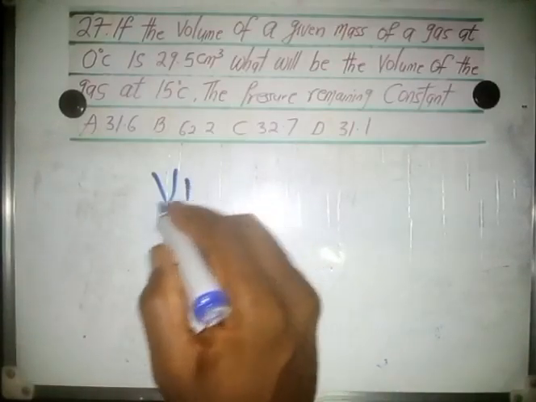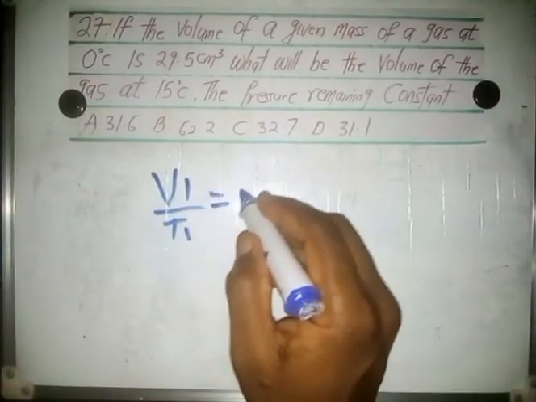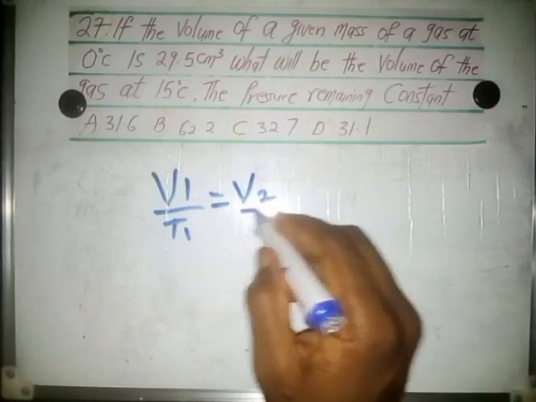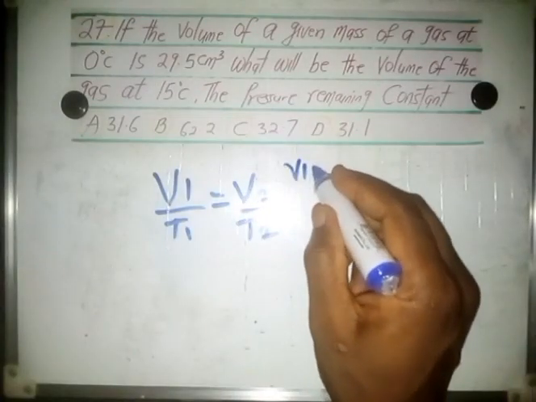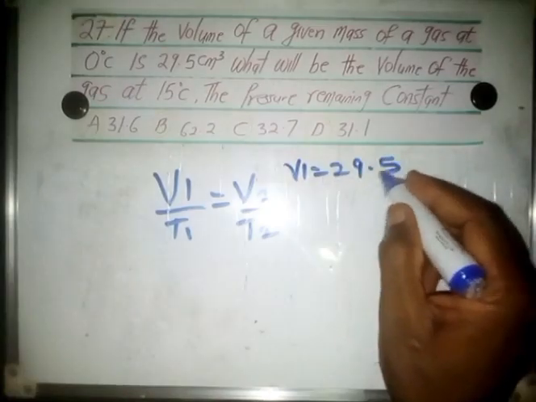So we use the formula V1 over T1 equals V2 over T2. So from your question, you can see that V1 is 29.5.